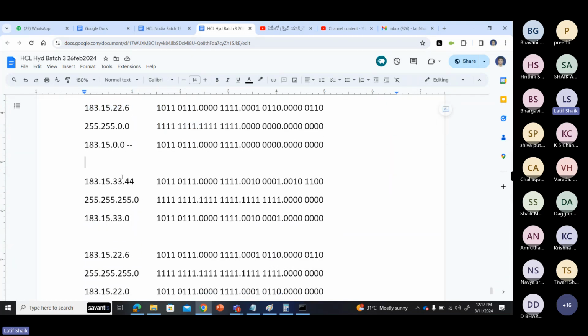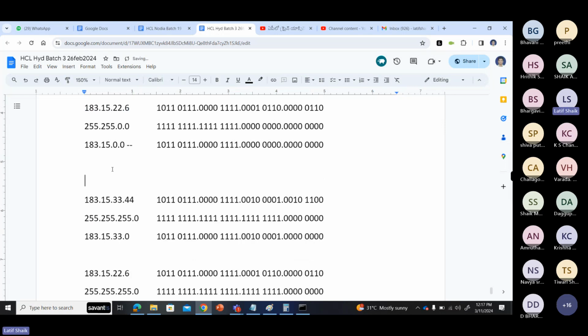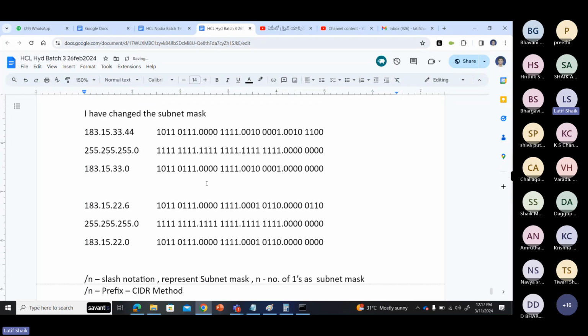But in this case, if you see, I changed my subnet mask from 255.255.0.0 to 255.255.250.100.